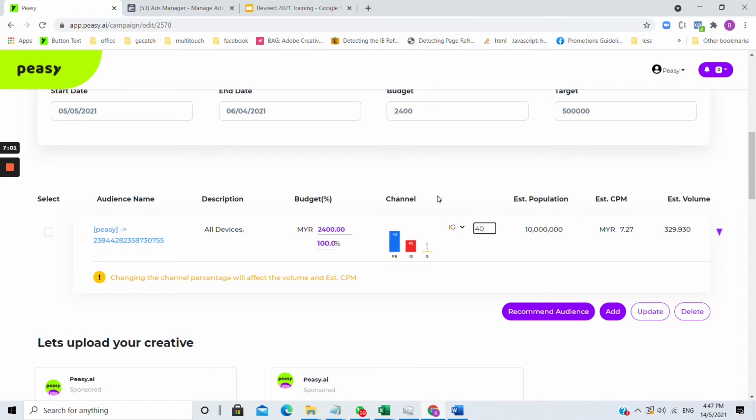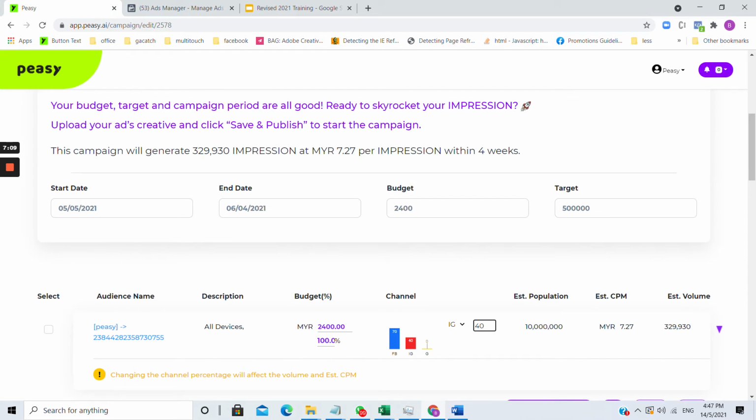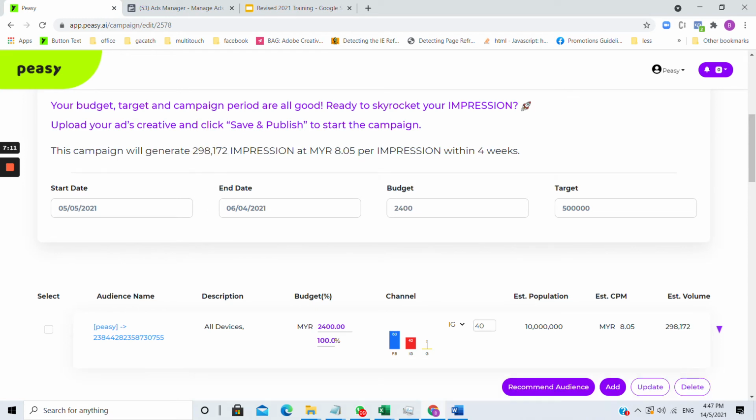So the beautiful thing about how our AI optimizes this is that it's not done in a post analysis. At the very beginning of the campaign, as you can see, the AI already predicts the results that this campaign can generate. What happens behind the scenes is that our AI is predicting multiple different scenarios, and it is also predicting what data points would affect each and every different scenario.